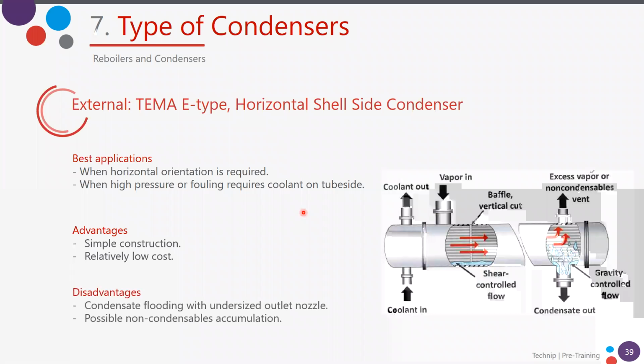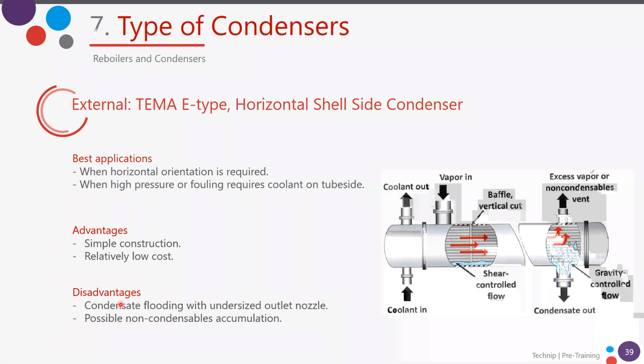The main disadvantages are condensate flooding with an undersized outlet nozzle. It means that with this horizontal condenser, we need a sufficient nozzle diameter to be able to take out all the condensate without flooding the nozzle.